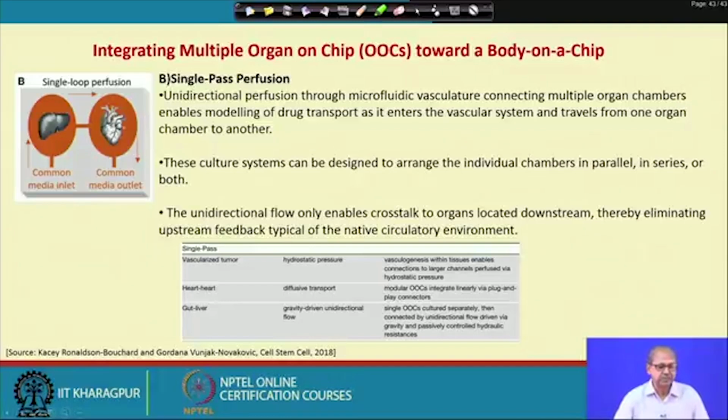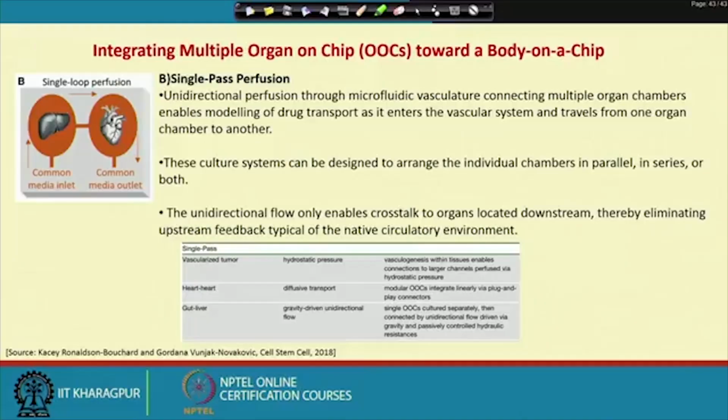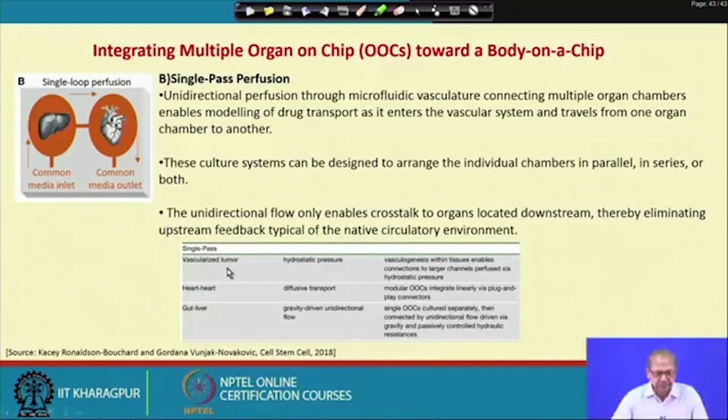But the problem of this type of configuration is that downstream of the flow there is no feedback, they are controlled only from upstream, because upstream organ on chips do not get feedback from the downstream. Examples in that system are single pass vascularized tumor with hydrostatic pressure, heart with diffusive transport, and gut and liver with gravity driven unidirectional flow.